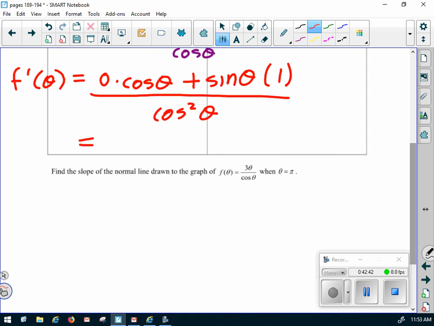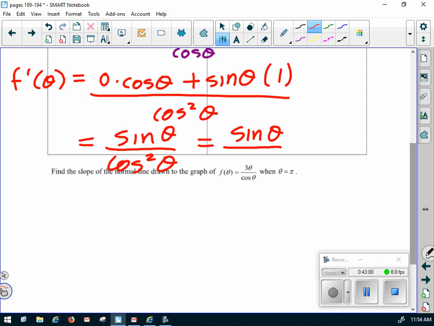What is this? Sine theta over cosine squared theta. Now, I'm going to break that up. Well, that won't get me anywhere. It's a good idea, but it won't get me anywhere.